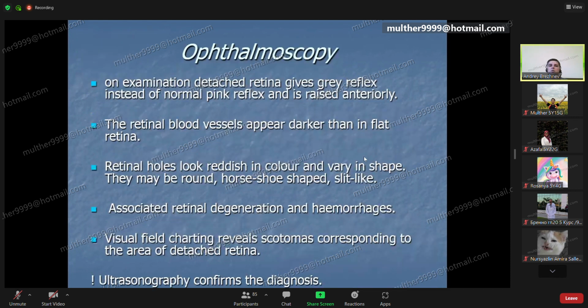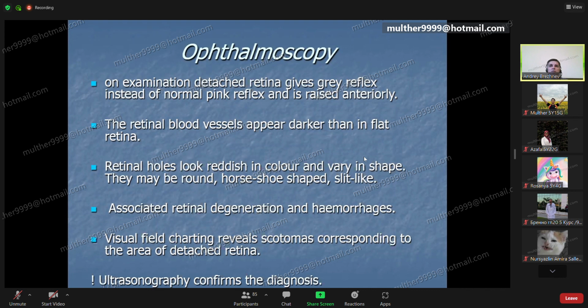During ophthalmoscopy, on examination, the detached retina gives a gray reflex instead of the normal pink reflex and is raised anteriorly. It may be small or may assume the shape of balloons in large bullous retinal detachment.